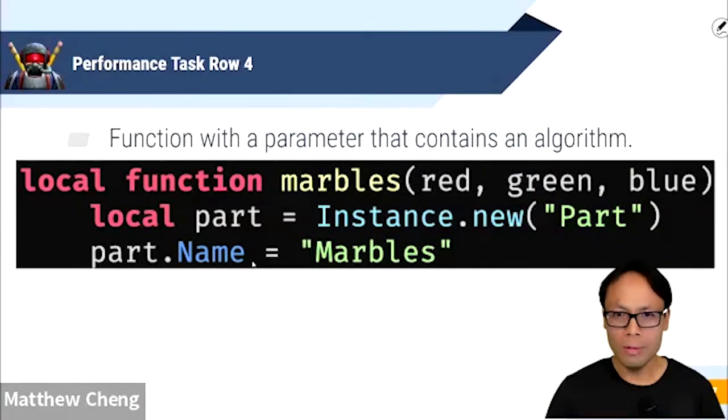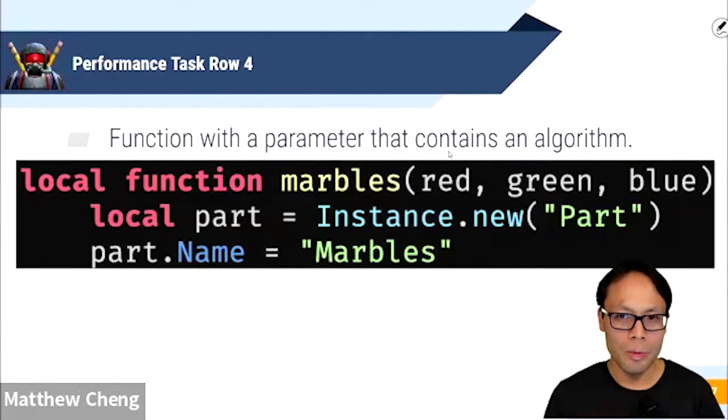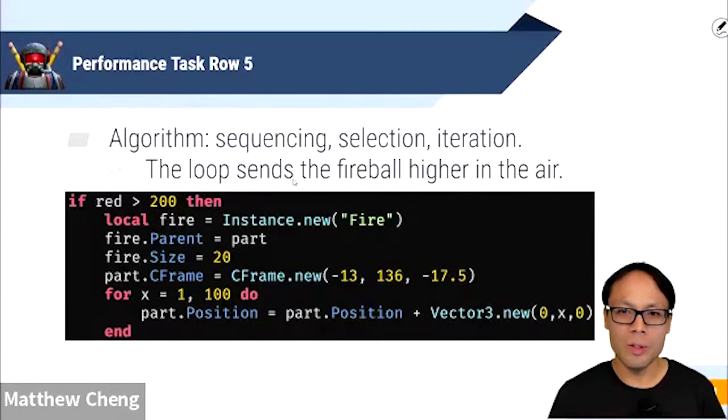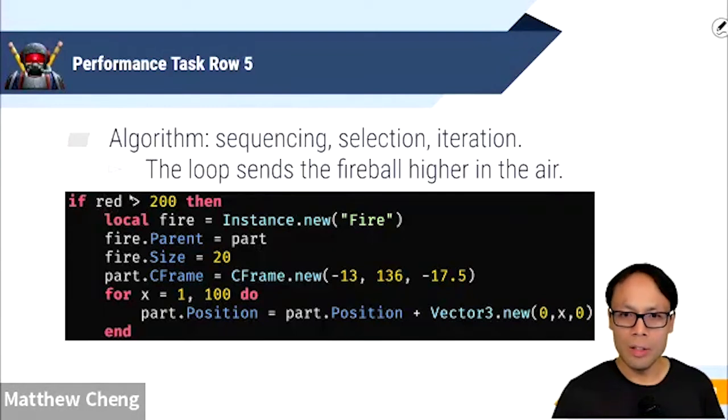Now, row 4 is asking about a function with a parameter. So here I passed in red, green, and blue. You might have noticed that the colors for the marbles were different here. And inside it would contain an algorithm. The algorithm that I came up with is like this. So if the value of red is greater than 200, I have my conditional here.